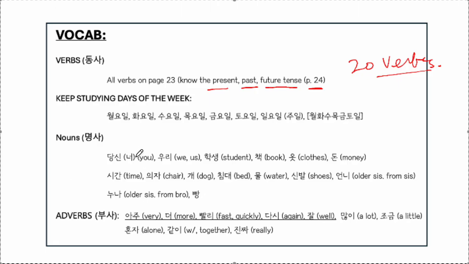Okay. Nouns. The nouns that I want you to memorize are these. You is 당신. 당신 is 존댓말. 너 is 반말. 우리, we or us.